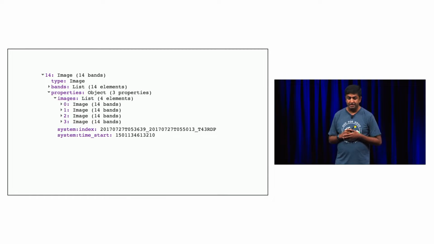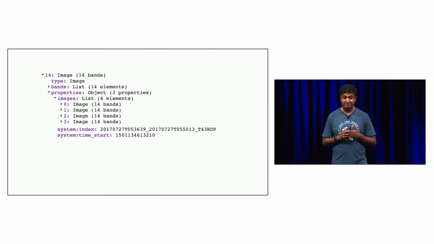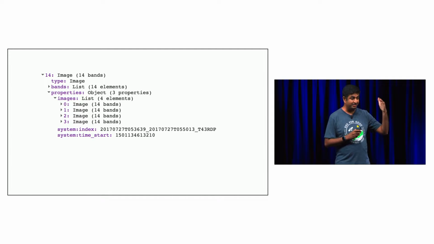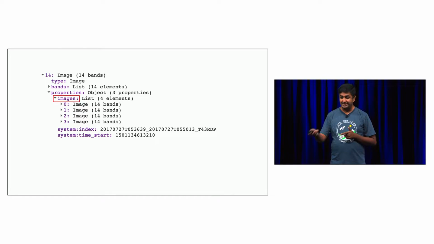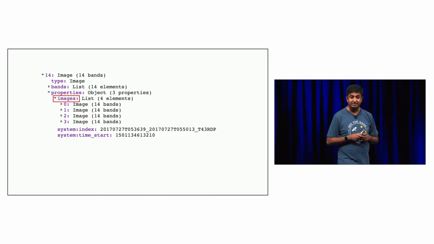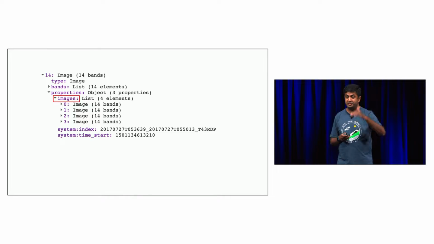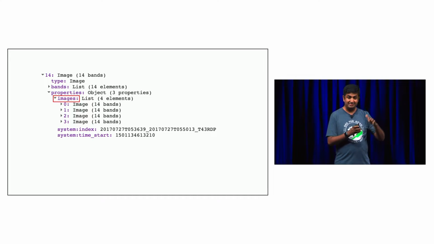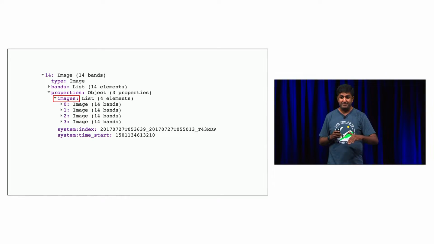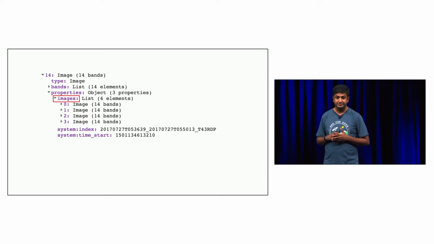Okay. Once you do the join, this is what happens. You get your 93 images that you had. Each image will now have a new property called images. These are the images that got matched based on a join. So you have your original images with 14 bands, and you get another 4 images that were within this time window, each with 14 bands. You get that as a property.